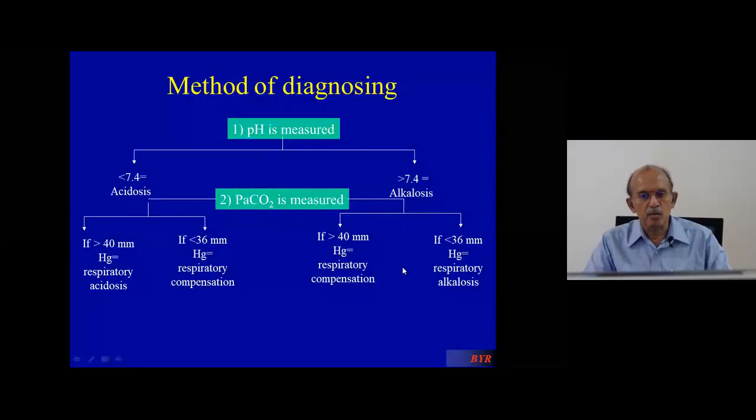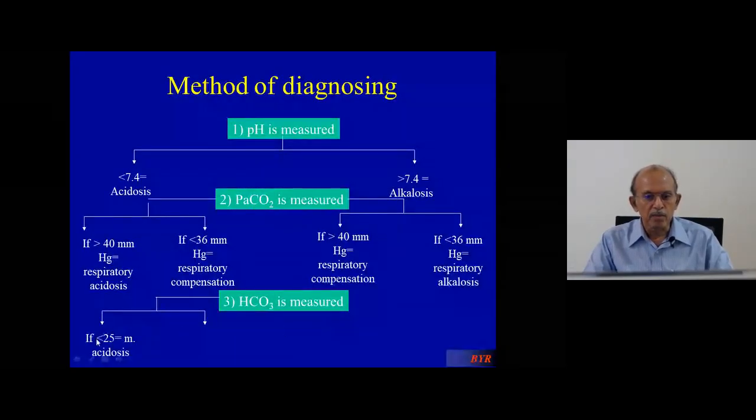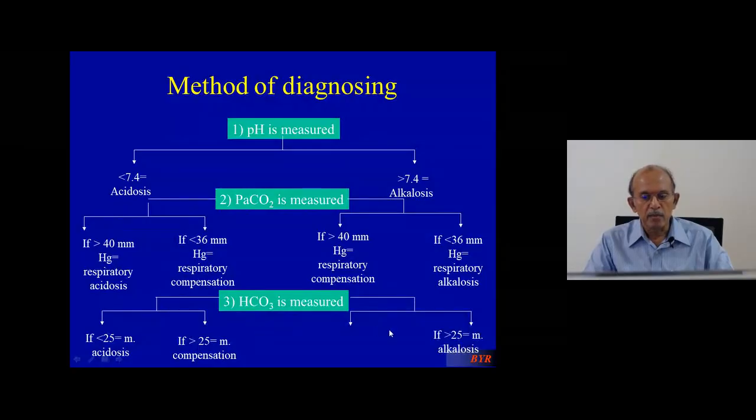Similar thing here also. So you test for PaCO2, then you test for bicarbonate. If bicarbonate level is less than 25, it is metabolic acidosis. If bicarbonate is more than 25, it is metabolic compensation. On similar lines, on the alkalosis side, if it is more than 25, it is metabolic alkalosis.